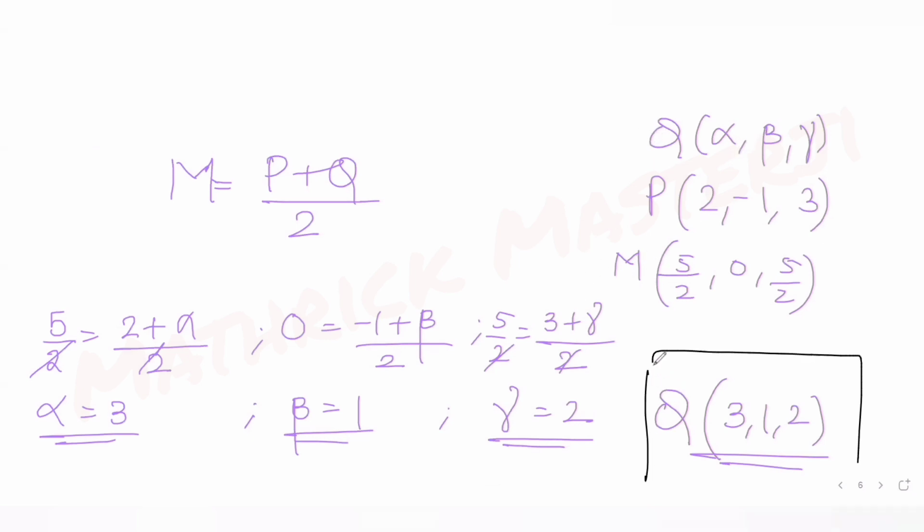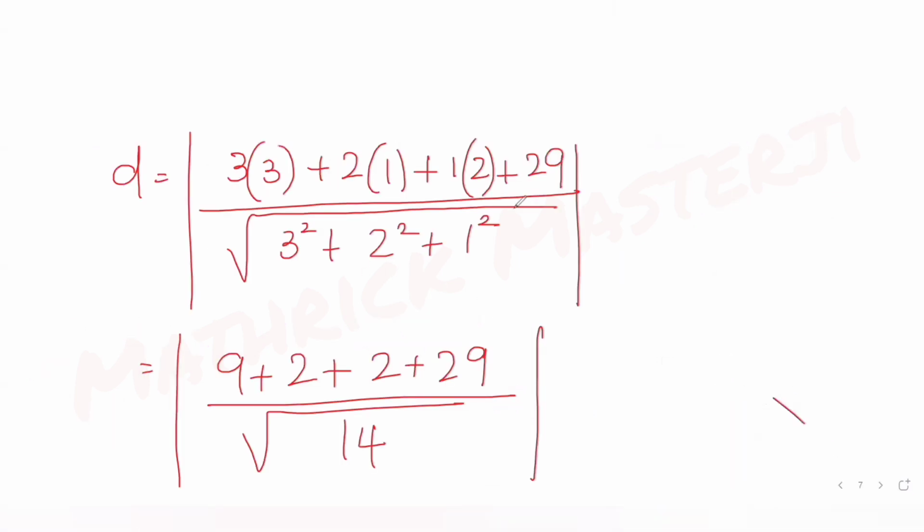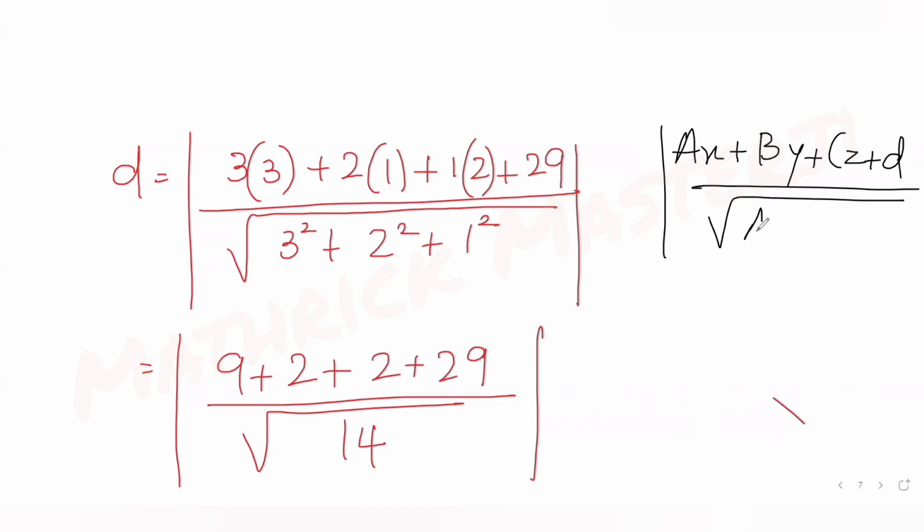Once I got the coordinates of point Q turning out to become 3, 1, 2, I just used the idea of perpendicular distance of the plane from the point Q. So I just used that idea: mod of ax plus by plus cz plus d over root of a square plus b square plus c square.